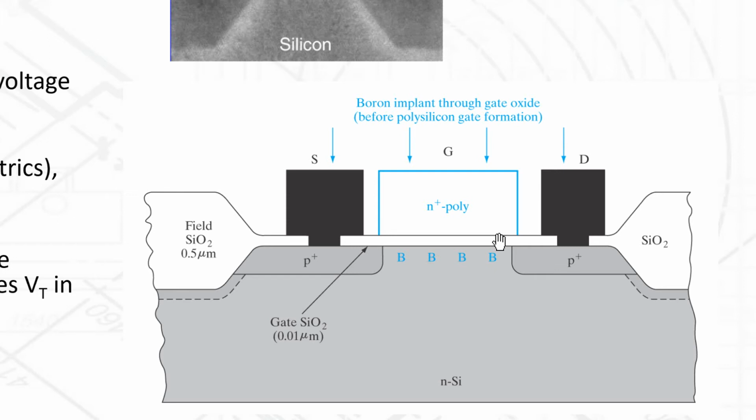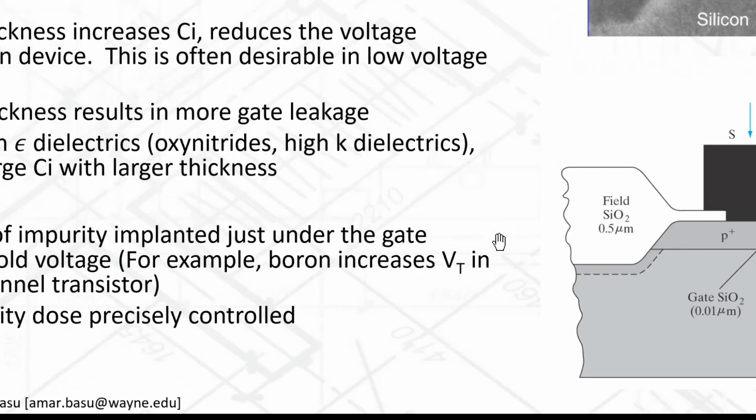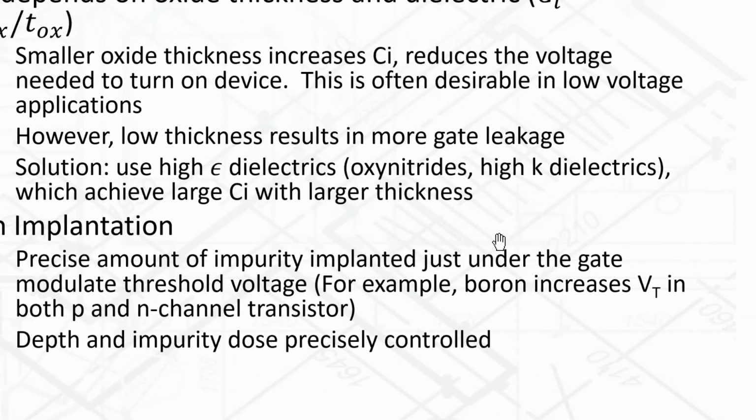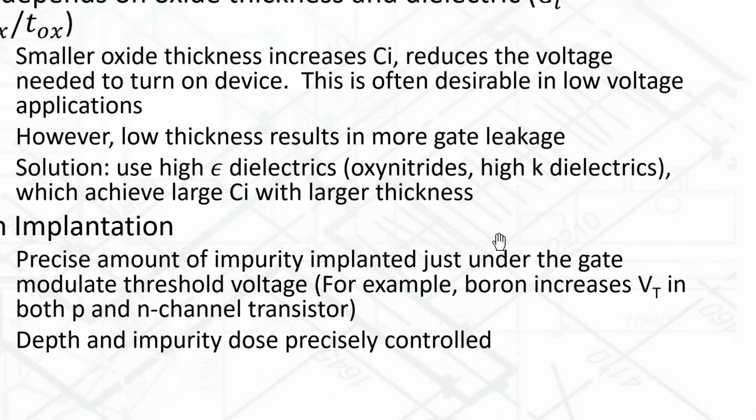It's going to make it more difficult to invert the channel for an NMOS device, and for a PMOS device, it's going to make it easier to invert the channel. So it turns out that a boron implant increases the threshold voltage, whether it's p-type or n-type.